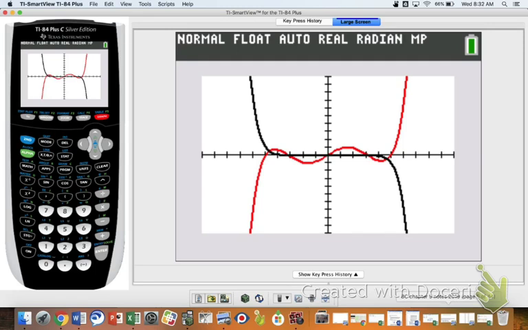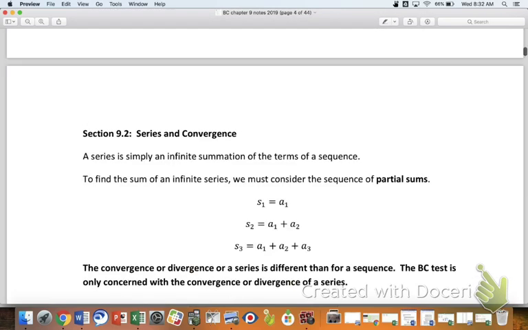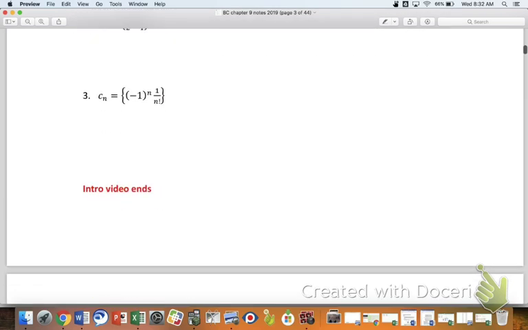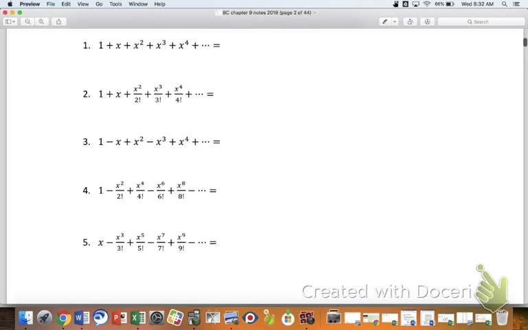Where did it go? There it is. So if you take a look at these, the ones that we kind of played around with right here. Do you all see number 5? What is number 5 describing? Sine of x.